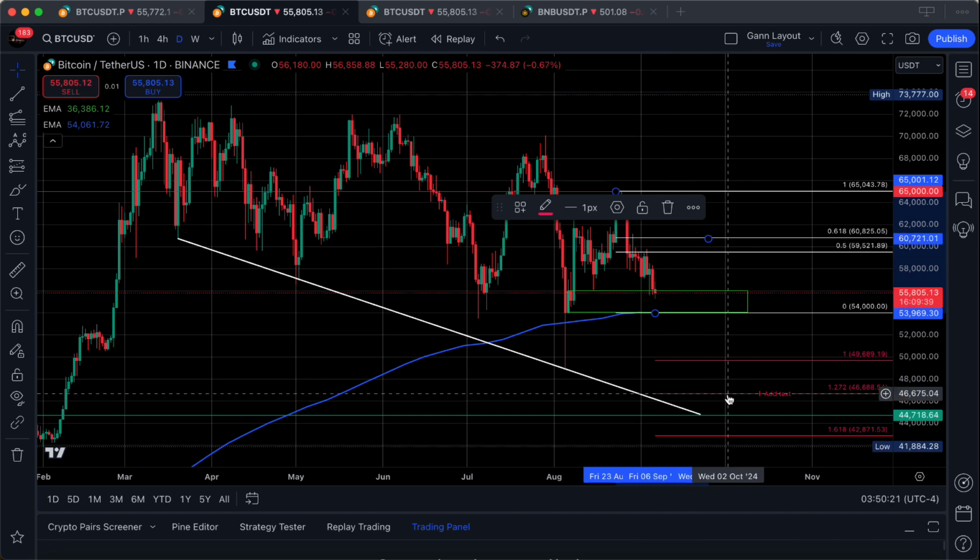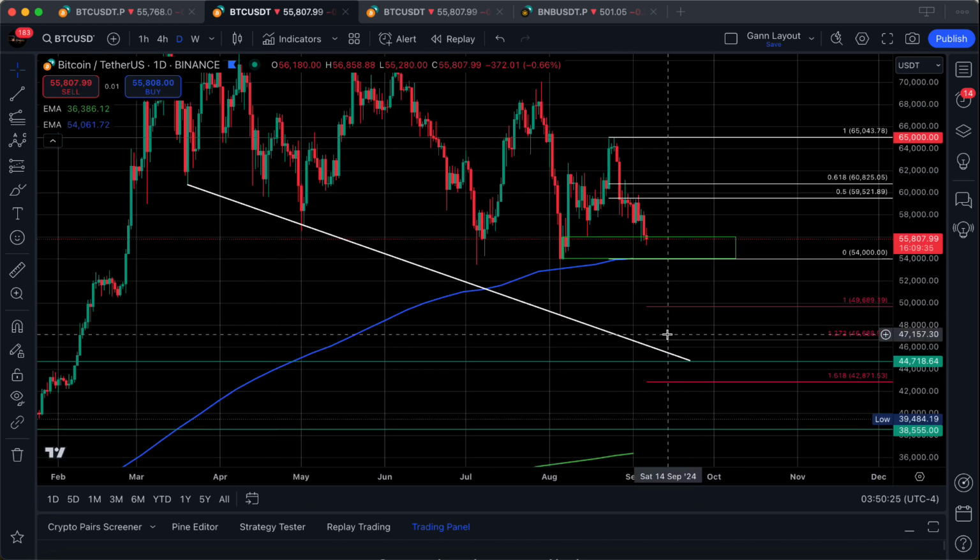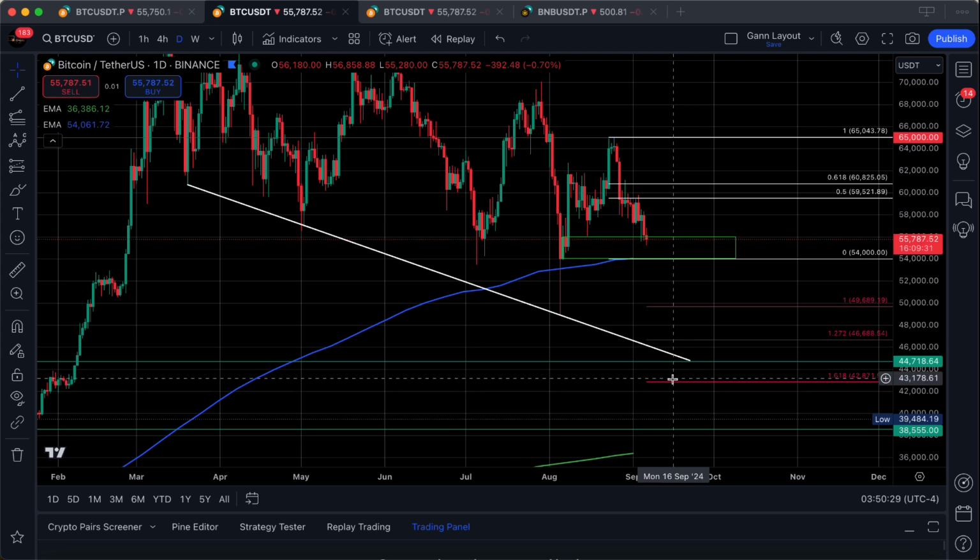How low can it go? Usually it is brutal, so it could go as low as 47K, and in an extreme case, it can wick below 43K. As long as it doesn't close a weekly candle below 45K, it's good to go, okay? And this will be the end of the correction.